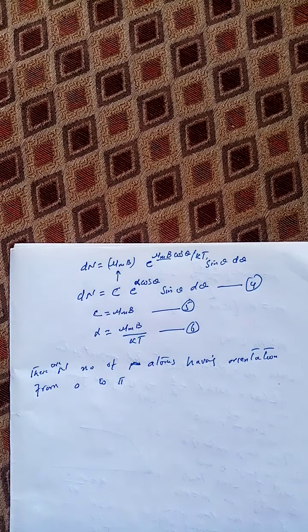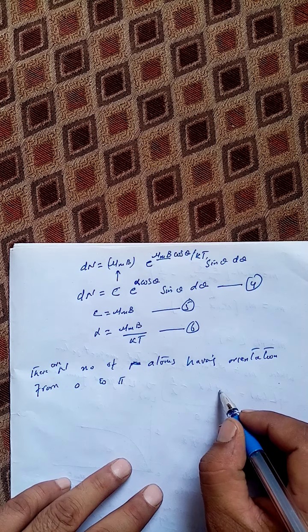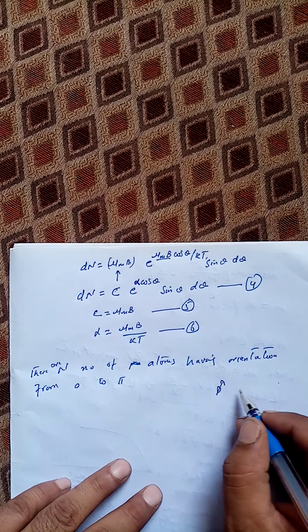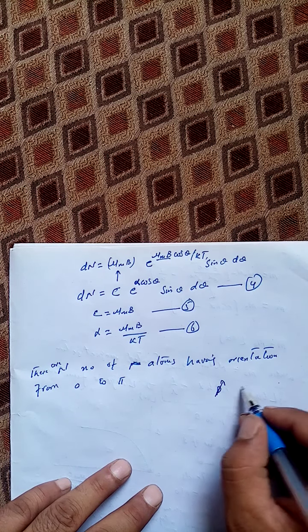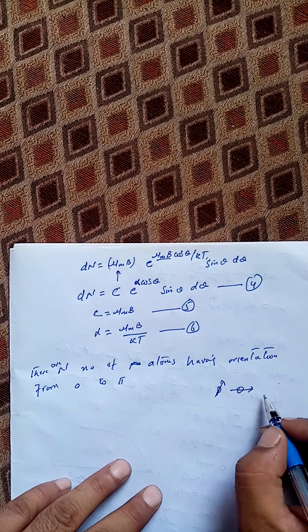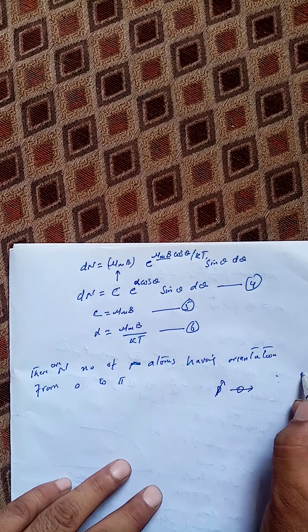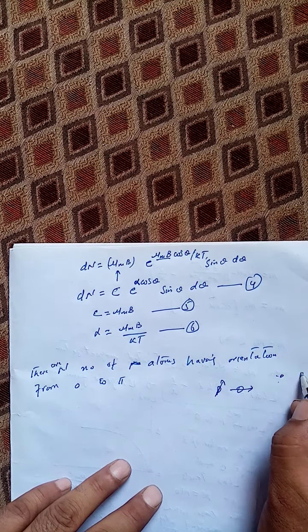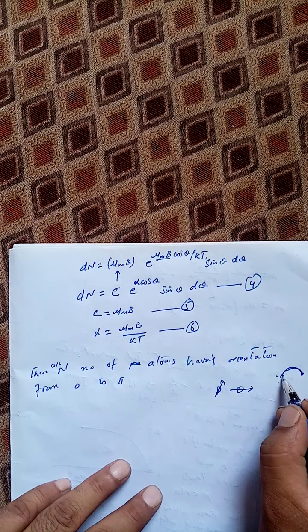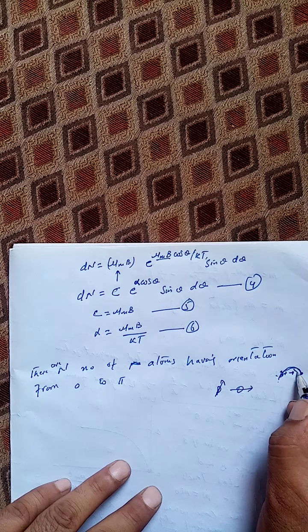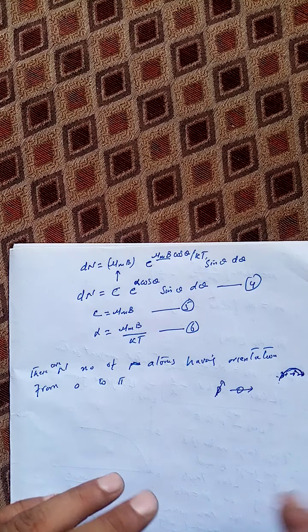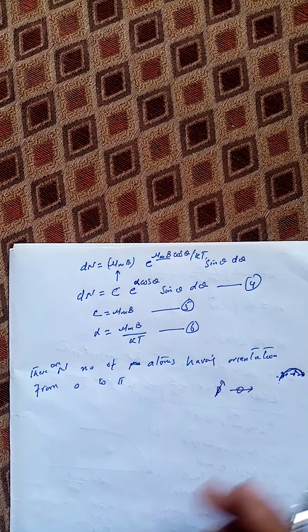We have N numbers of atoms, and each atom has its own dipole moment, which is oriented in different directions, and the direction always changes from 0 to pi in this range, like either this one, this one, this one. So the range is from 0 to pi.